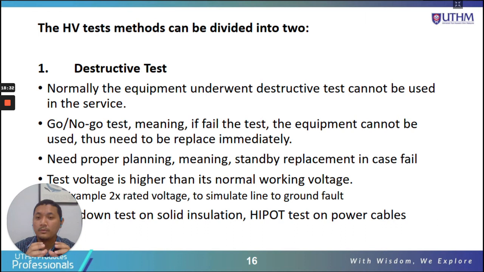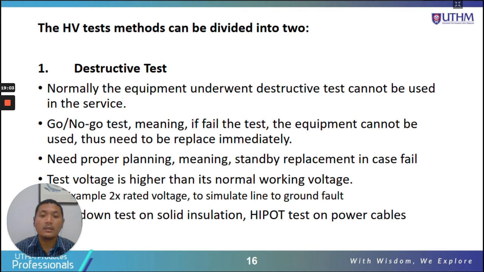So when you perform a destructive test, you need proper planning, meaning you have to have a standby replacement in case of failure. For example, you perform a test on an underground medium voltage cable. You perform a destructive test on the cable, and somehow the cable fails the test, the insulation has punctured.